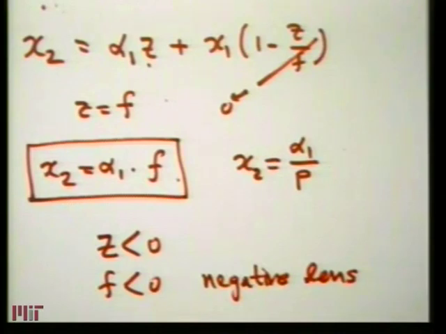If you do that, then you will see that the focus appears on the left-hand side, consistent with our sign conventions. This is what we call a virtual image, as opposed to the case of the biconvex lens that we call a real image. So this is an example of the sign conventions in action.